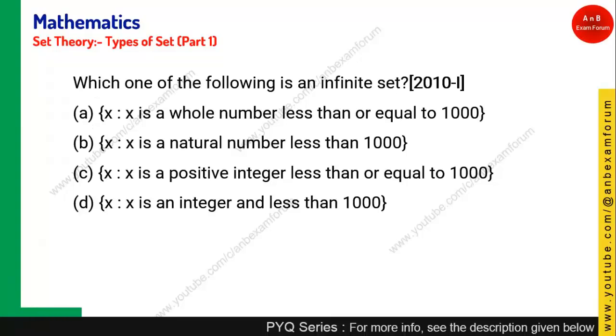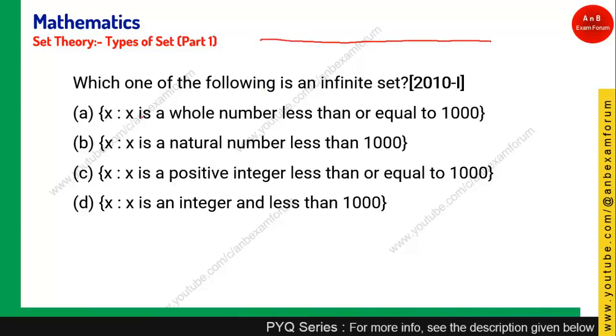Let's see the next question. Which of the following is an infinite set? It is a very simple one. Let's make a number line so that you can easily appreciate. x is such that x is a whole number less than 1000. This is 0.